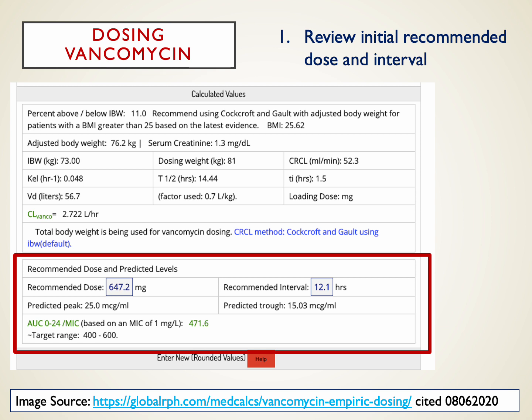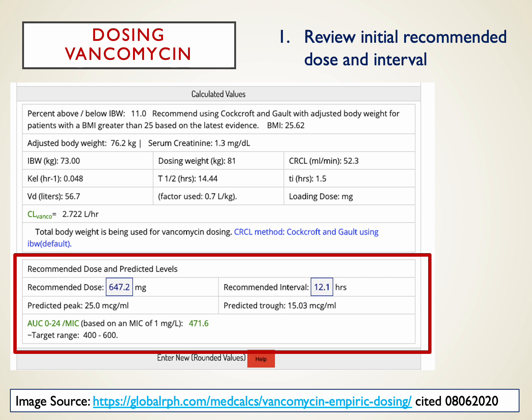So don't worry about that from your perspective. It also predicts the population-based volume of distribution: 0.7 liters per kilogram times his dosing weight gives a little over 56 liters. And it gives me clearance data and other variables as well.